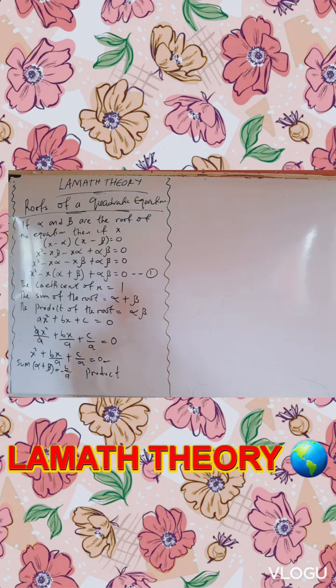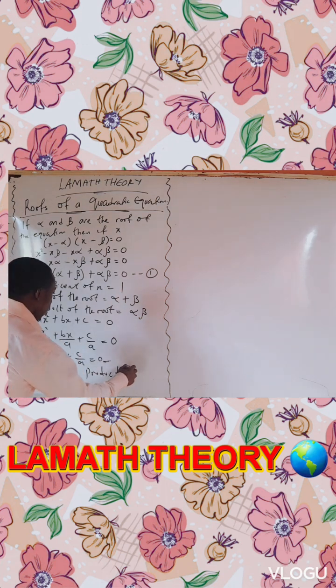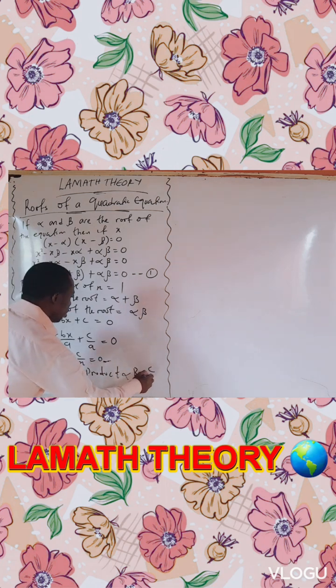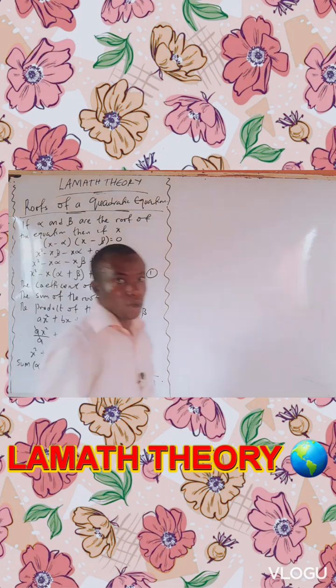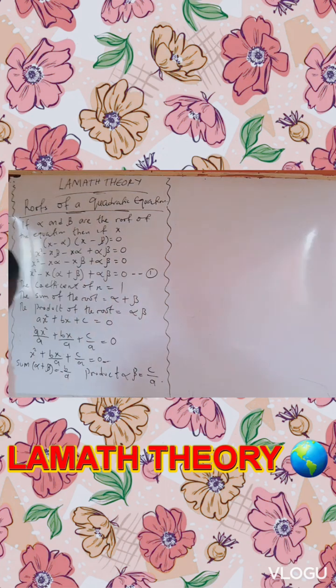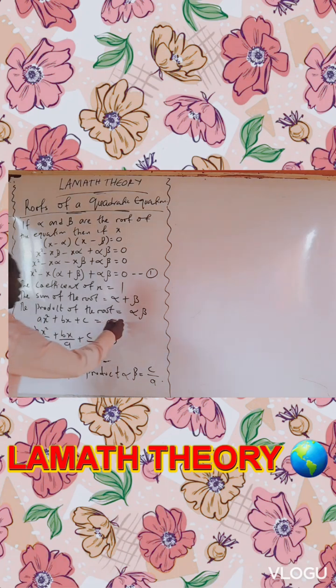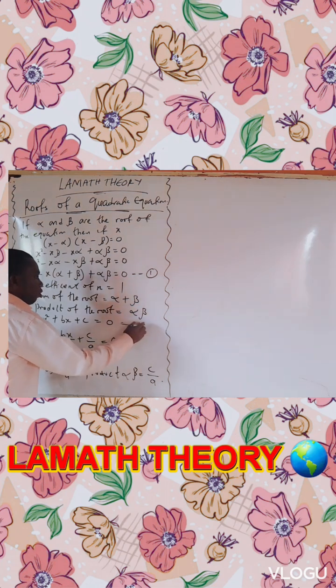Our product alpha beta is c over a. So this is actually where we are going. Are we together now? Okay. Now that we have this, that we've already proved it, let's call this one equation 2.